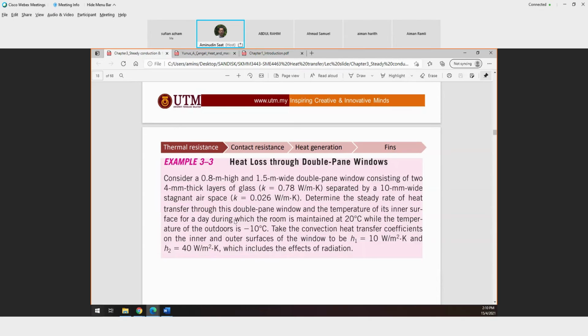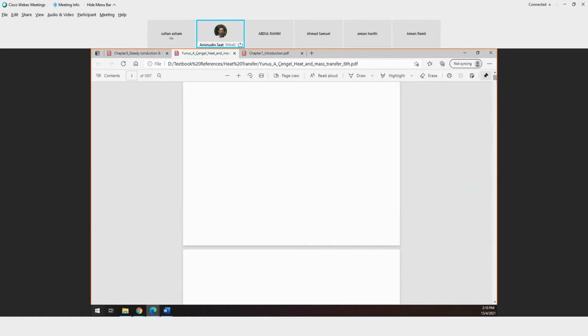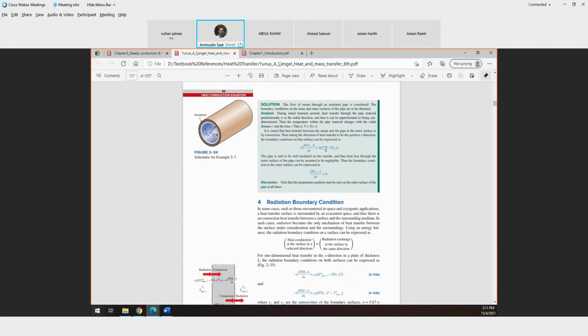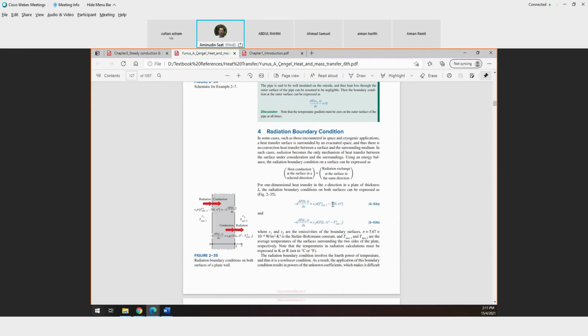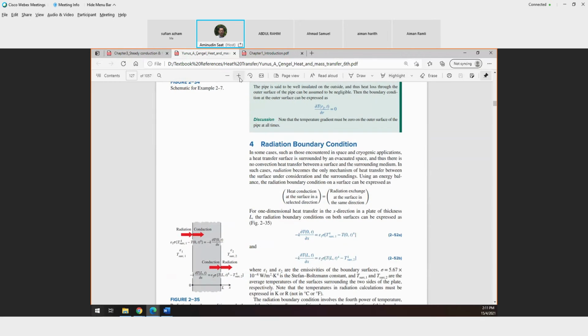Whenever you take information from the textbook, you need to mention from where. Let's say you take some equation, you have to mention where this equation is from. For example, this is the textbook. Let's say you want to take this equation. I'm not sure whether it is clear or not.